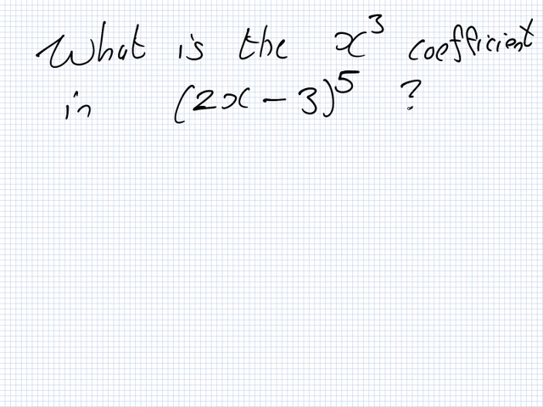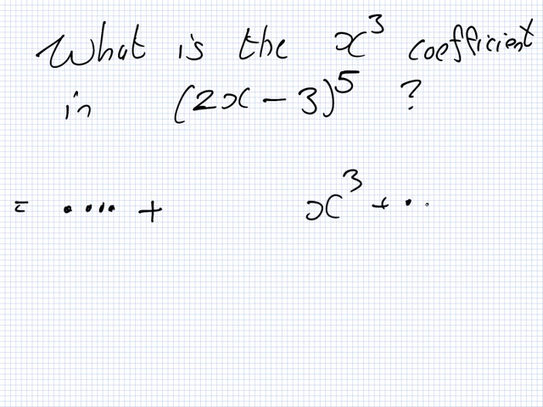So I don't want the whole thing here, I just want the x cubed part of the answer. So it's not necessary to expand completely. We just want to pick in on the x cubed part. So how can we do that? Well, first we need to think about what row we want. So what's going to happen here is we're going to skip the ones at the end. We're going to jump straight to the cubed one.